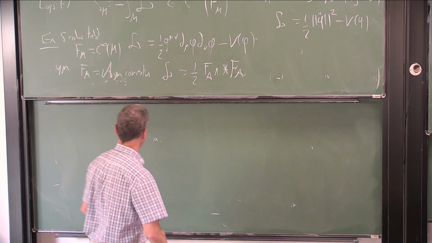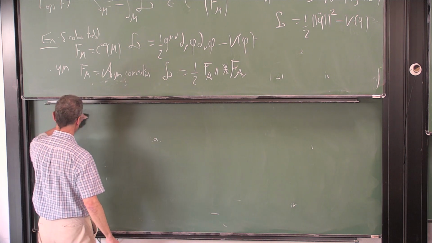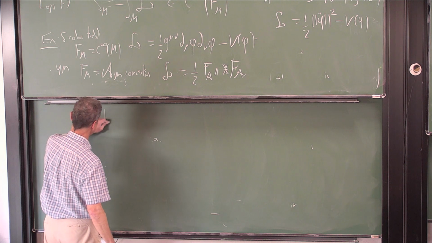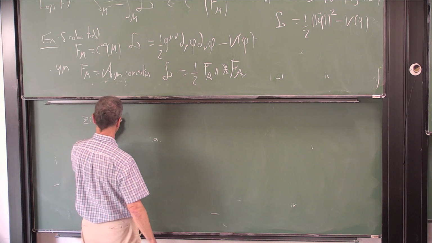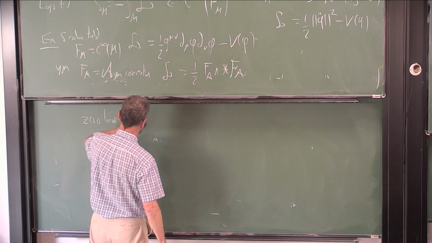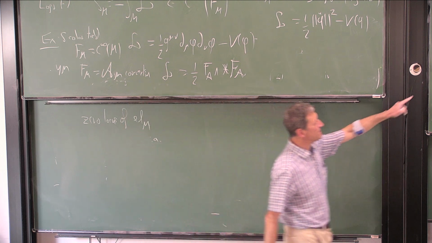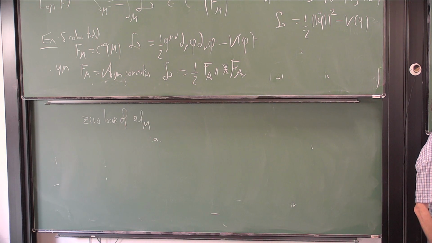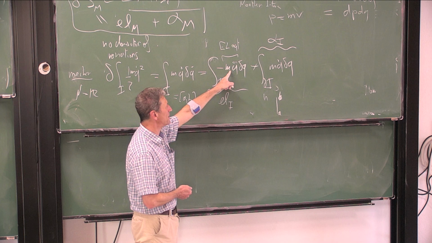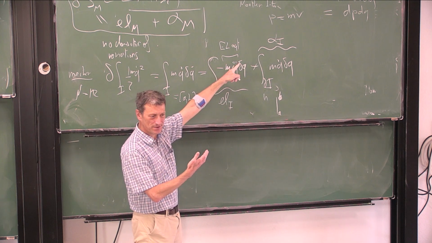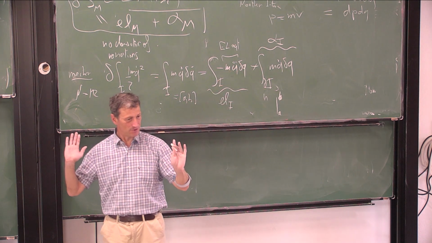Now the next thing is, you can consider the zero locus of this one form here: the points on the space of fields where all the components of the one form vanish. So for this example, it will be paths that satisfy the equation m q double dot equal to 0, with no boundary conditions.